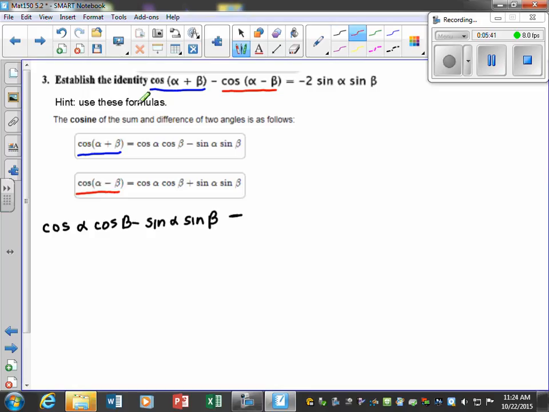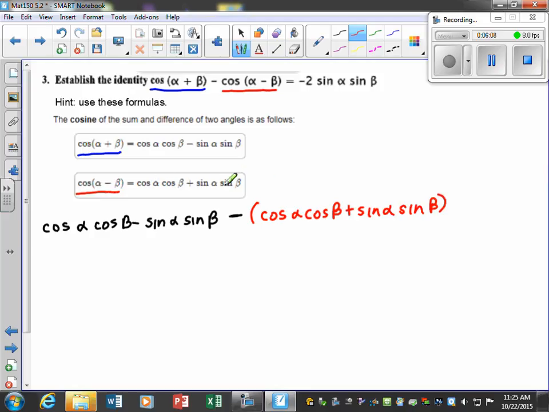The next one, I'm going to use parentheses: cosine of alpha cosine of beta, using that bottom formula now, plus sine of alpha sine of beta. So I rewrote this using this, and I rewrote this one using this value.